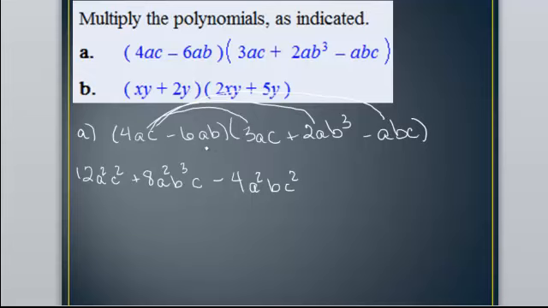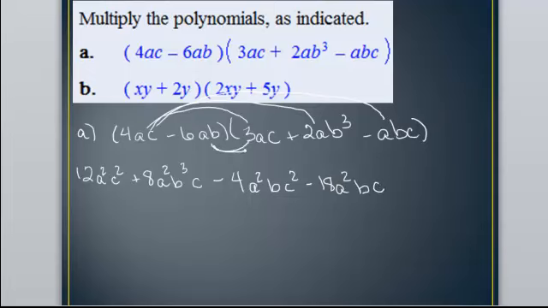Okay, now we distribute the negative 6ab to everything in the second parentheses. So negative 6ab times 3ac. Let's look at what our variable part will be. A squared bc. Do we have one of those? No we don't. Okay, so we need a new term. So minus 18a squared bc.